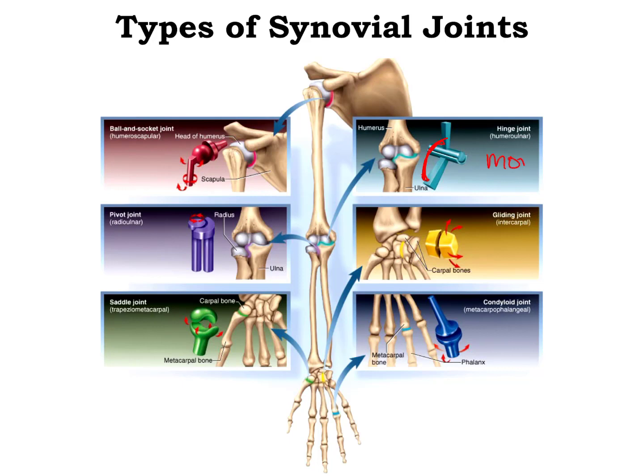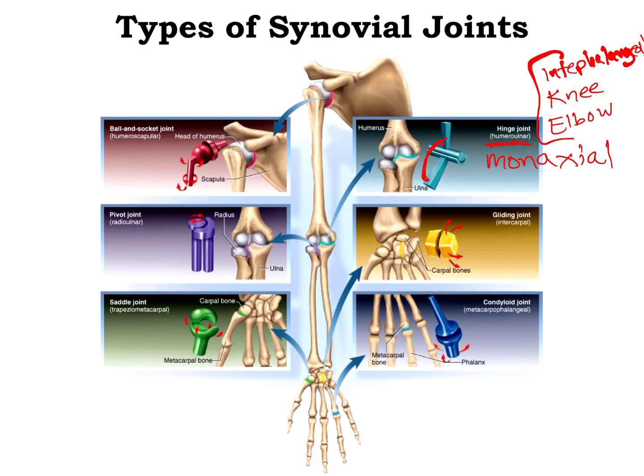So it's monaxial. The hinge joint would be at the humeral-ulnar, which would be your elbow. It's also going to be at your knee. It's also going to be found in your fingers, the interphalangeal. So there are three places where you're typically going to see that.